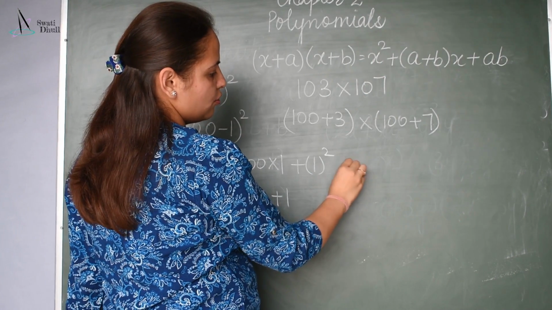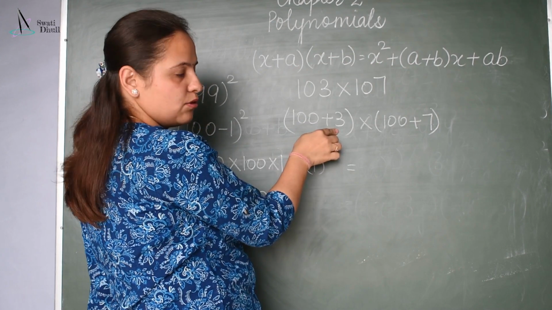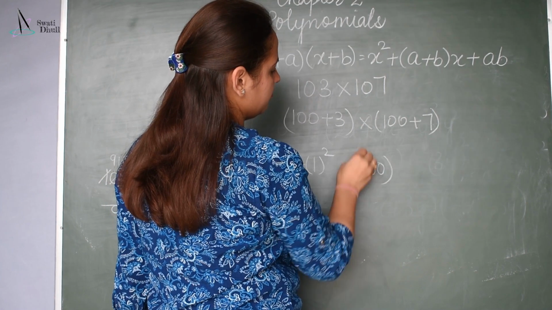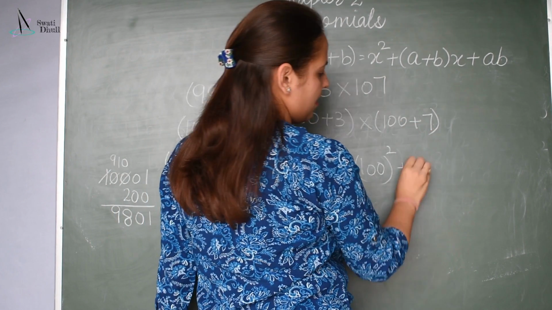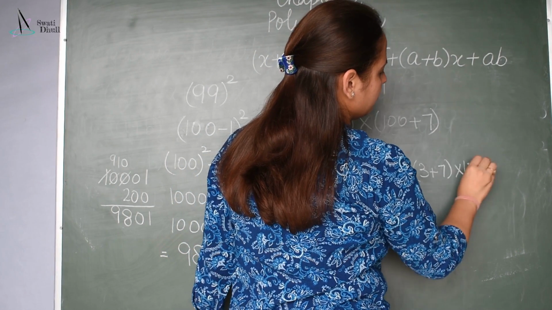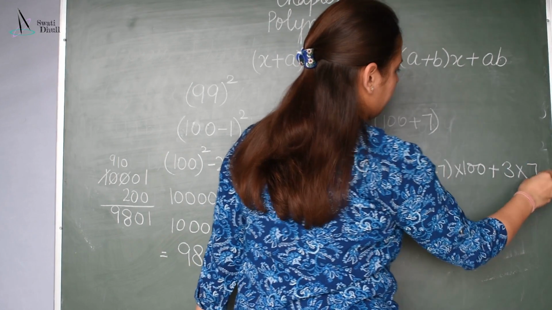So you can substitute the values here: 100 in place of x, and a is 3, b is 7. Now 100 square plus (a + b), that is 3 plus 7, into x, that is 100, plus 3 into 7.